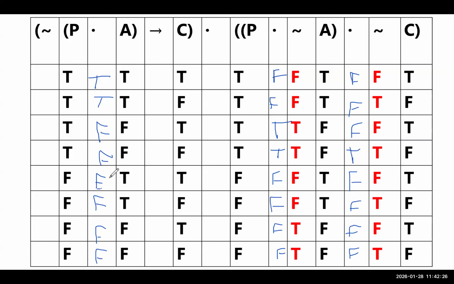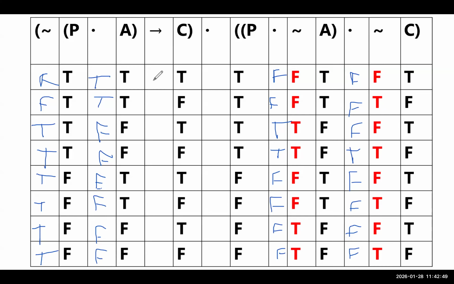Now we negate these, so we turn the true into false, and we turn the false into true. So that's a lot of trues there. Here we go, because it's operating on this column right here. Now we're going to use this column with this column.